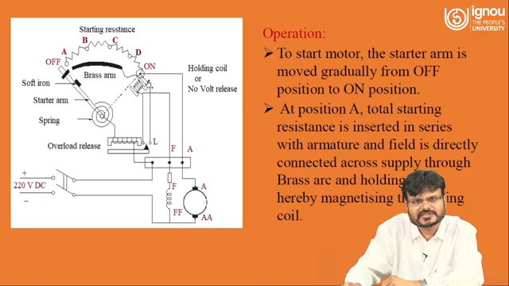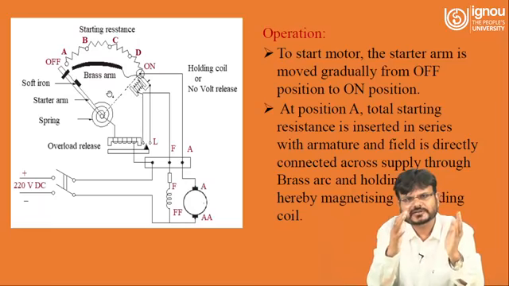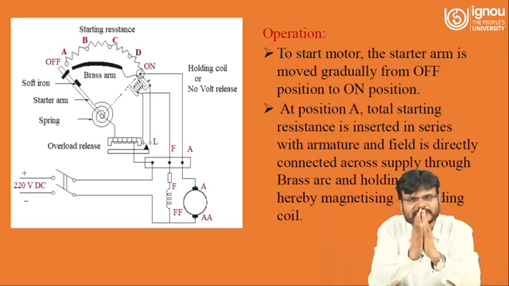You can understand this holding coil as an electromagnet. As the soft iron comes in contact with this electromagnet, it will latch. So at this position the total resistance is disconnected from the series of the armature.